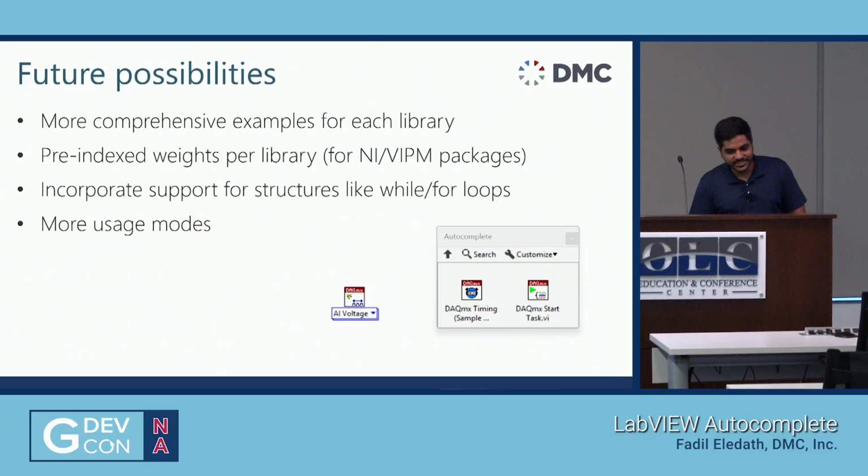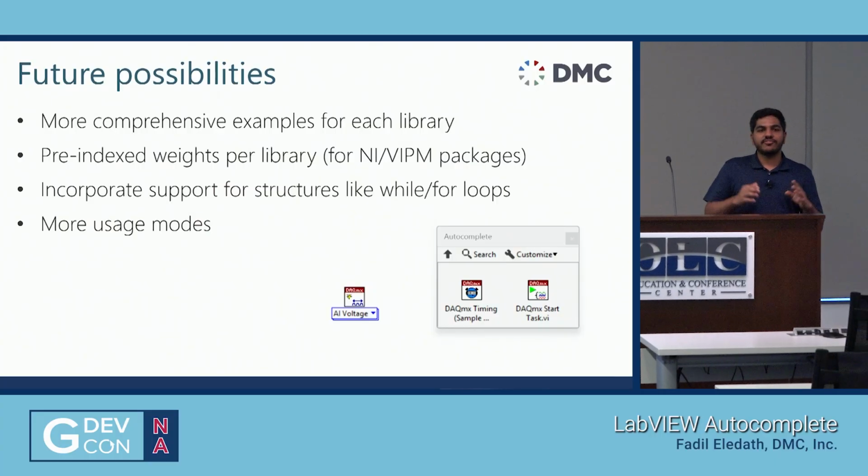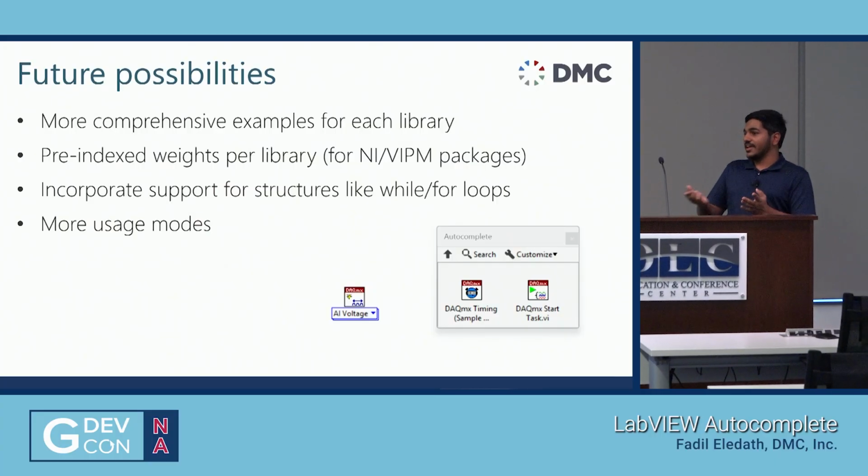But future possibilities, I think: if a library that's hosted on VIPM had more examples, it would be much easier for this to immediately work with it. And if you're using an unfamiliar library, it'll be really easy to just download it and start using autocomplete on it.